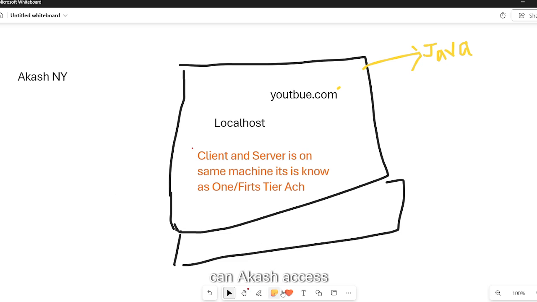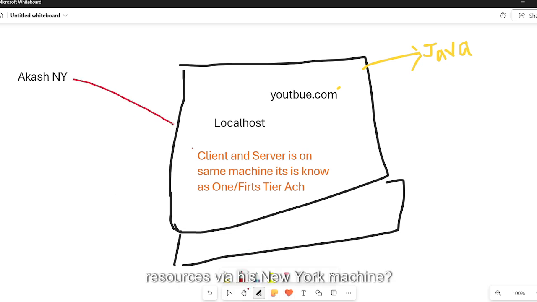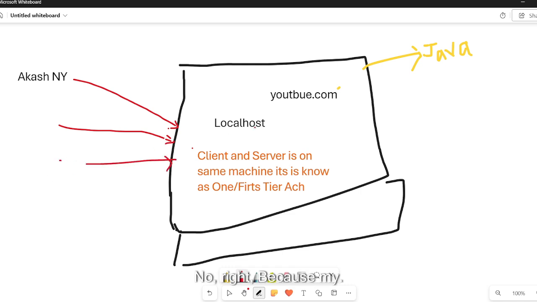Can Akash access these resources via his New York machine? Can other users access this from their locations? No, because I have some code sitting on my machine and only I have that access, which is not exposed to the internet. Then how can anyone access these services? So this is the limitation of this architecture.